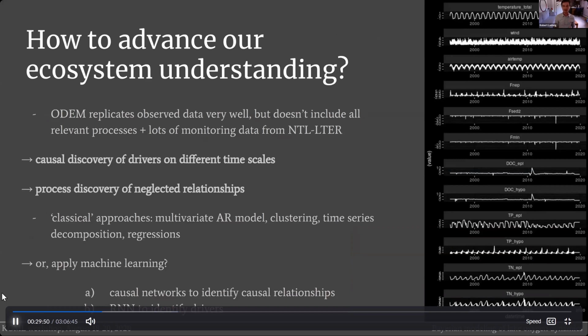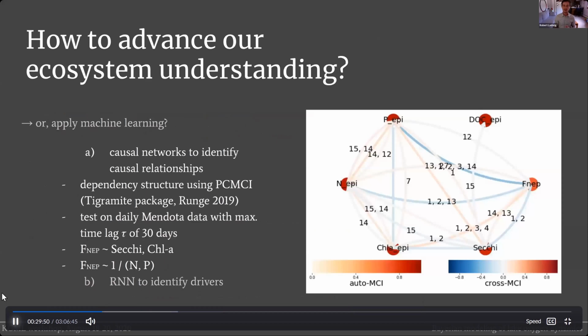We did causal networking. So we used the PCMCI algorithm to create this causal dependency structure. So you can see how different water quality variables depend on each other. A line shows you the dependency. If it's red, there is more or less a positive correlation. If it's blue, there's a negative one.